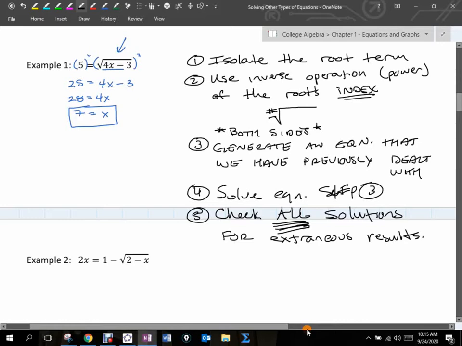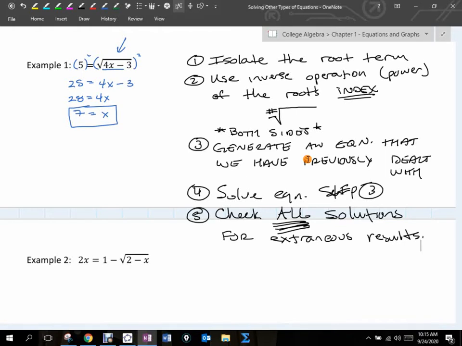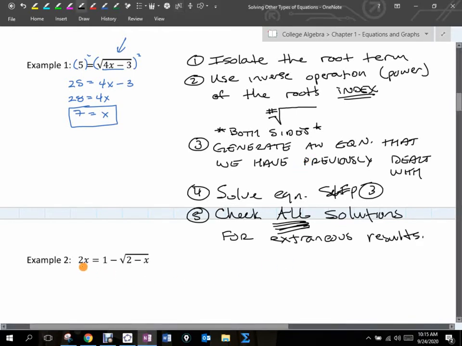Number one thing on tests and quizzes that I want to get you to understand and that I'm going to require of you is you're going to be guaranteed that you're going to start off with an equation in which the radical is not isolated, okay? You'll start off with an equation like this, and I guarantee somebody will just start squaring right away, okay? In addition, your answers are going to probably have an extraneous solution.